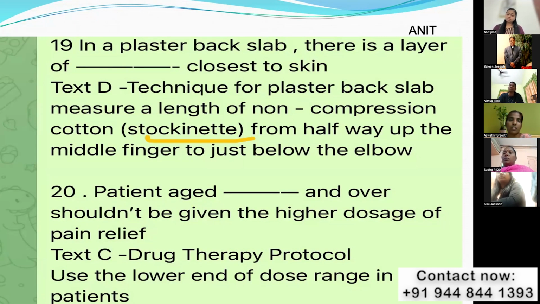In the text, we can see that use the lower end of dose range in patients greater than or equal to 70 years. But in the question, it's given as patient age 70 and over. So here we need to write the answer only 70. And also here we can see that higher and lower, these are the scale words we can see in the answer. So I hope it's clear to you.